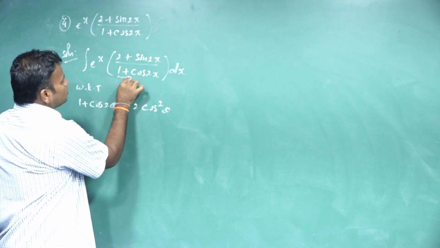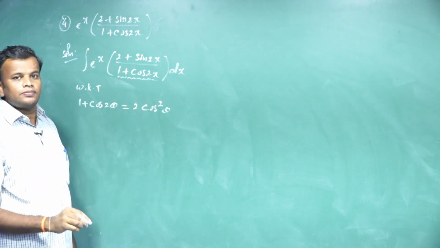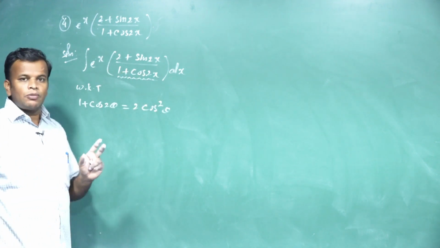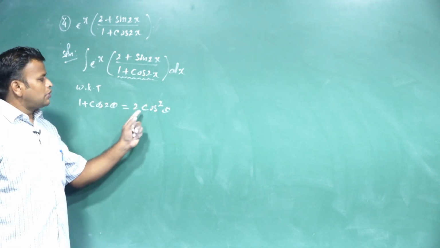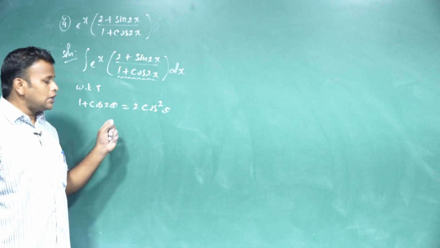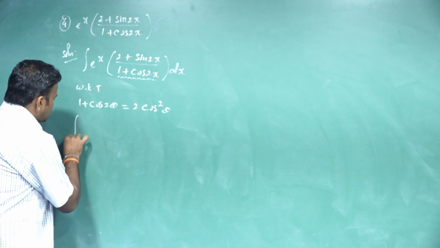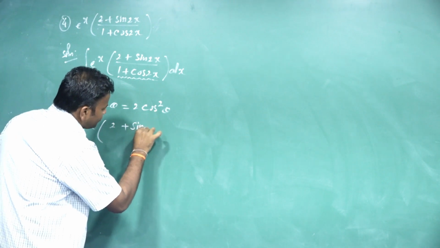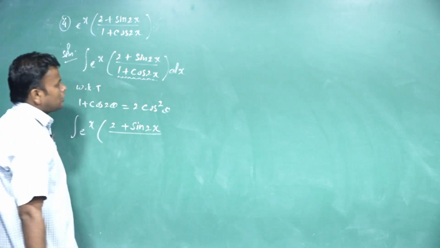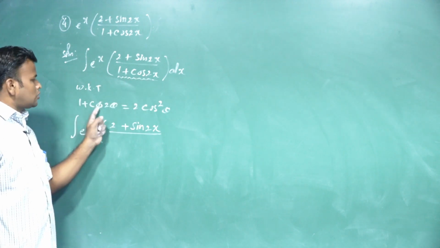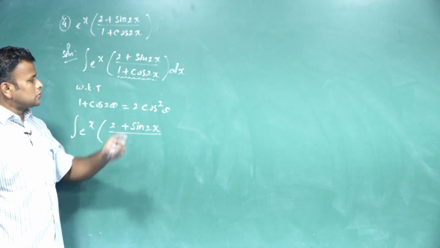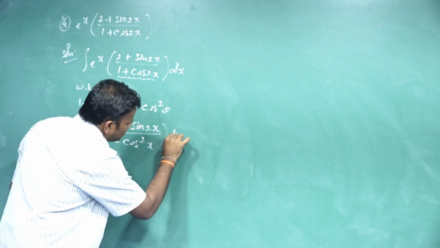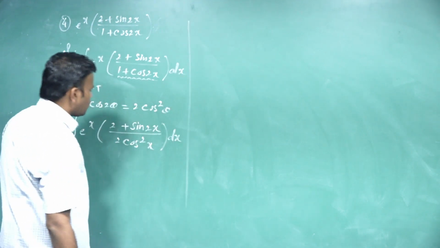The first step is making the sum of 2 terms in the denominator into a single term using trigonometric identities, because we need 2 separate terms. So integrating e power x of 2 plus sin 2x divided by 1 plus cos 2x. 1 plus cos 2 theta is 2 cos square theta, so 1 plus cos 2x is 2 cos square x into dx. Now do you have any idea?